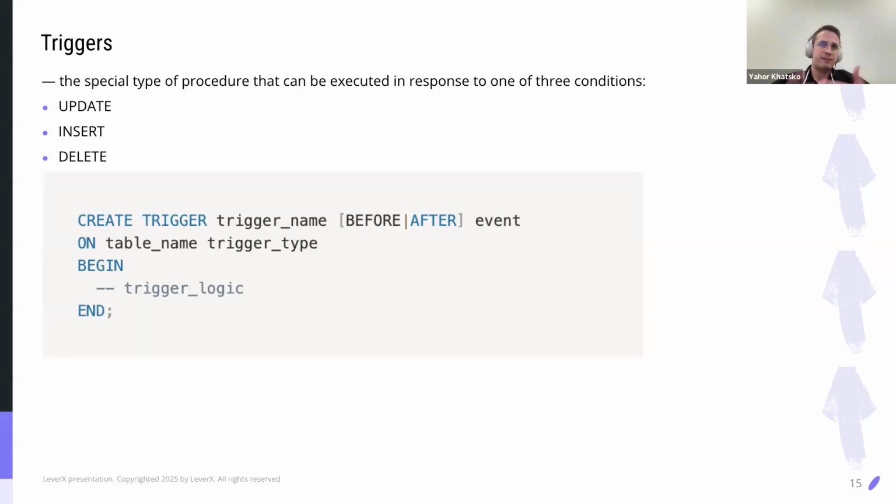So you are creating the trigger specifying when it should be executed, before or after the event, on which table, and then between the begin and end, you are specifying the trigger logic. Let's say the simplest example, if you create an additional row in some specific table, you would like to increment some number in another table.